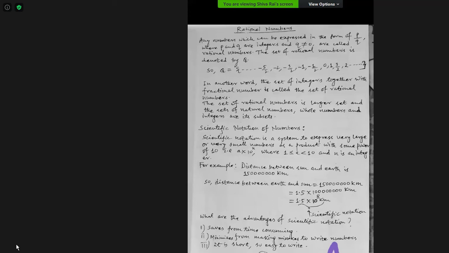If there is 200, you can consider there is a decimal after 200, so 200 point, or 200. Here also 15 crore, and the decimal is after that 15 crore. 15 crore point 0 and 15 crore are the same thing. So you are shifting.